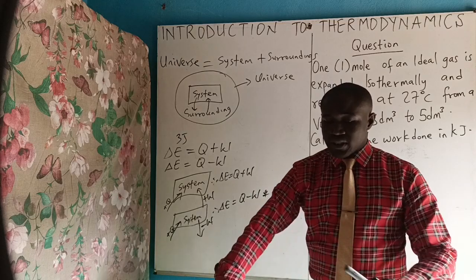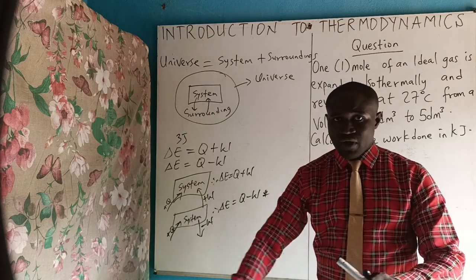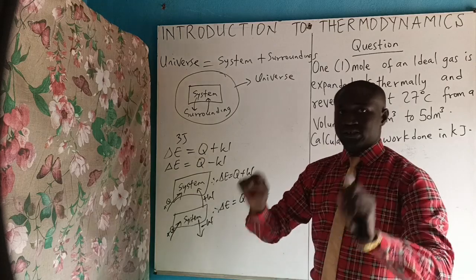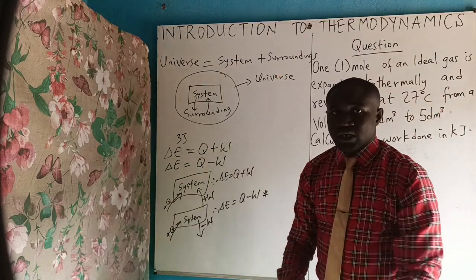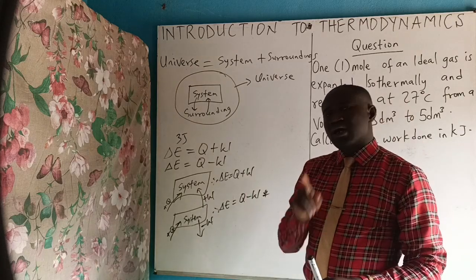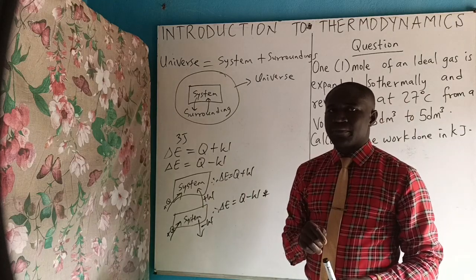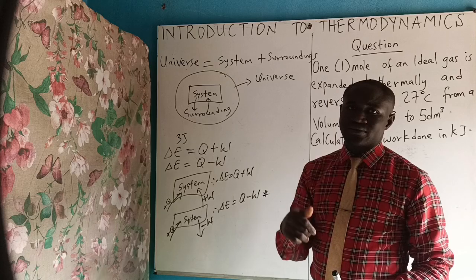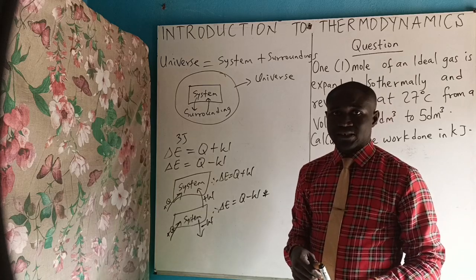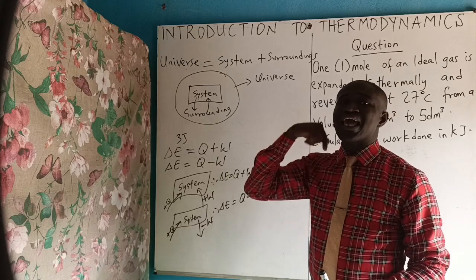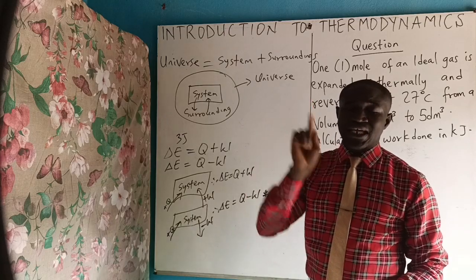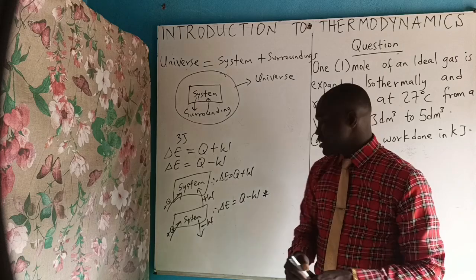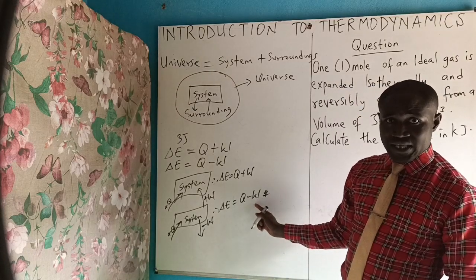The surrounding will be taken to be the weight and its environment. So it's carrying the weight, lifting it up, dropping it, lifting it up, dropping it. At a point in time, you will see the person sweating profusely. It's sweating because the internal energy of that system is reducing because it's losing energy in terms of work performed on the surrounding. That is typically what you are seeing here.